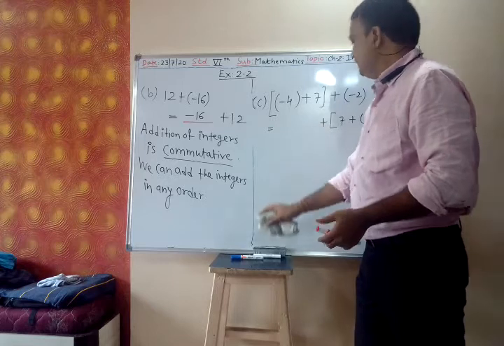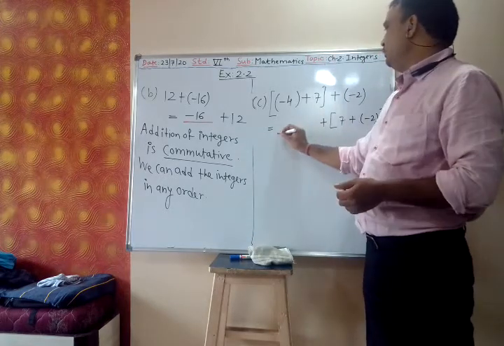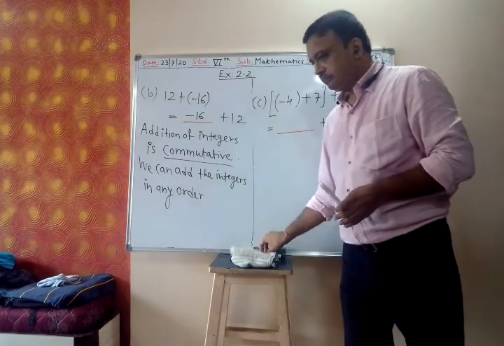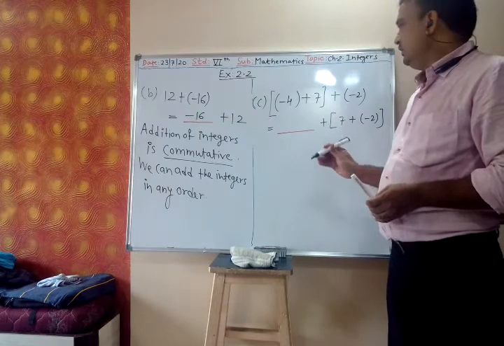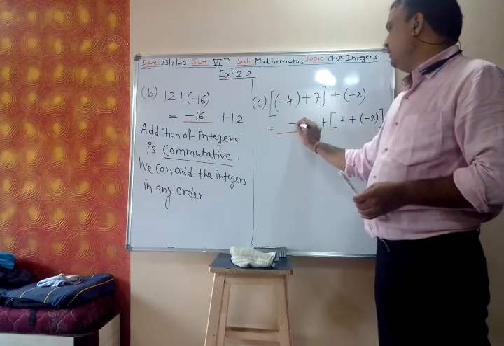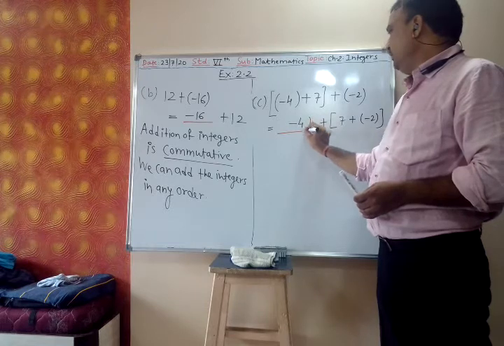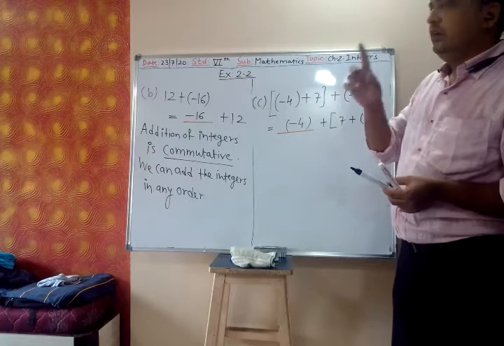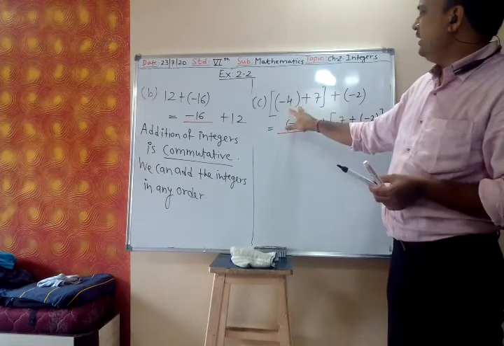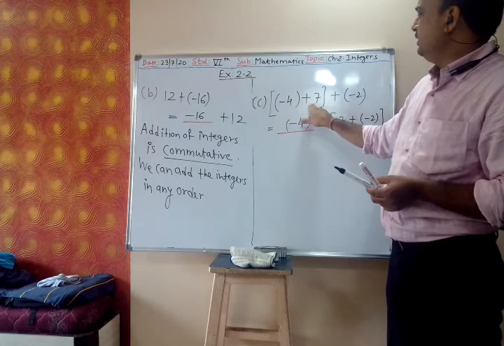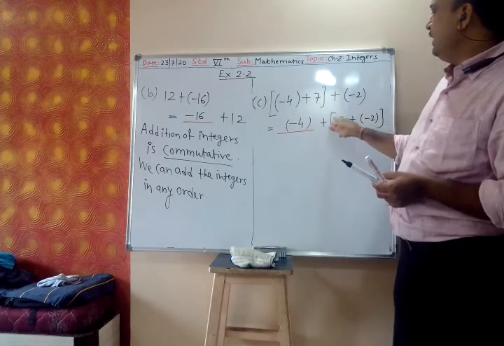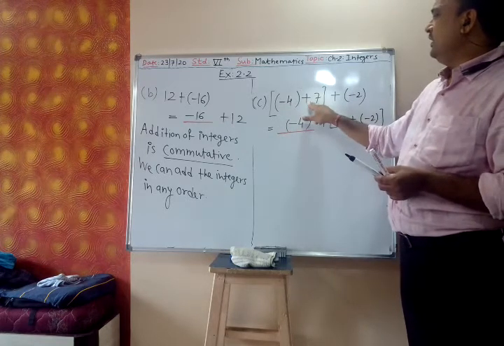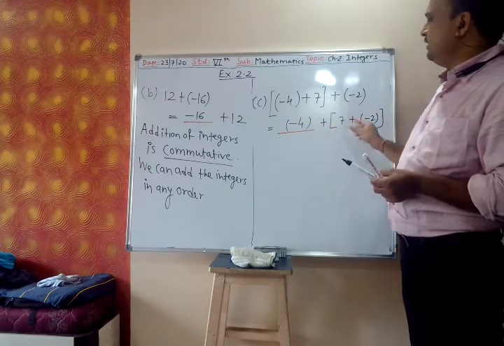Minus 4 plus 7, minus 4 plus 7 plus minus 2, we write minus 4, because see what we have done, we have shifted the bracket. Where is the bracket? The bracket is between first and second, and by shifting it we write the bracket between second and third. So the bracket was between first and second, now it is shifted to second and third.